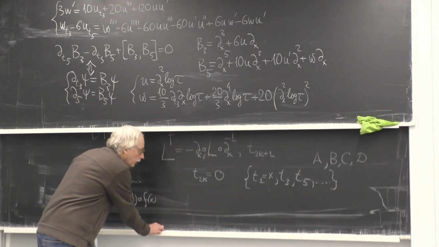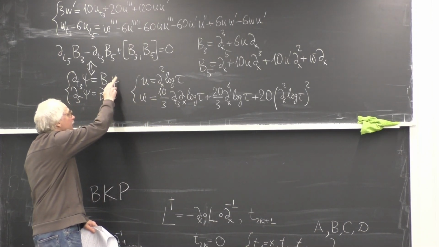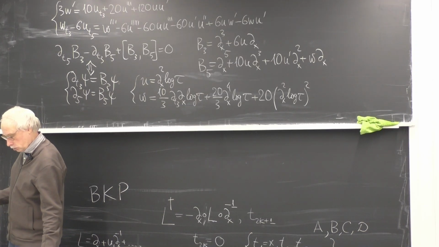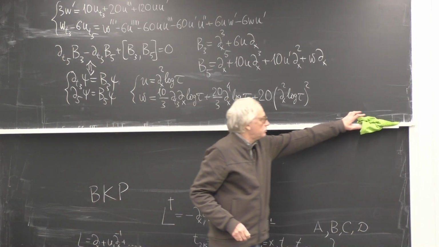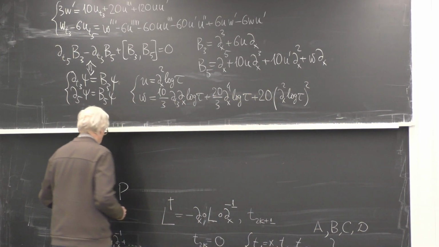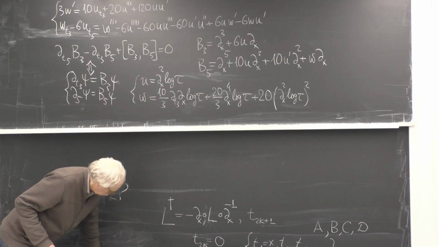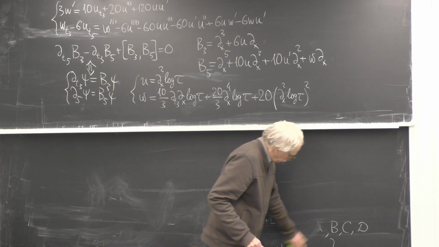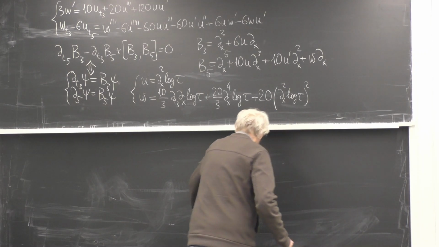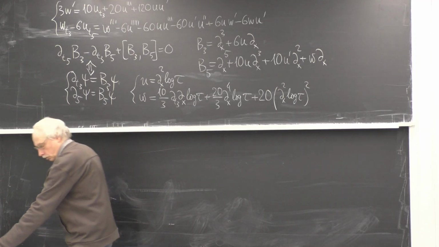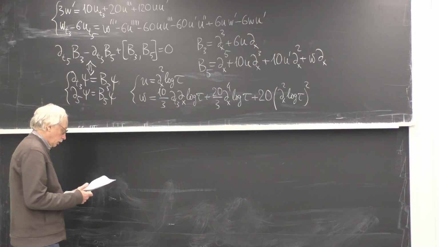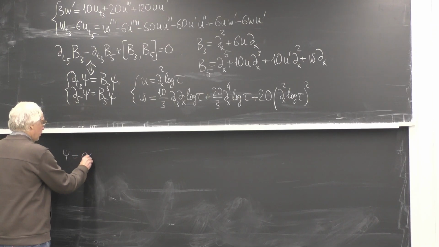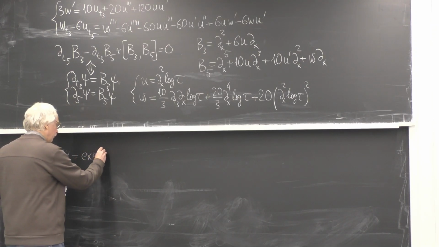And the psi function, which enters here, can be written in terms of the tau function in the following way.